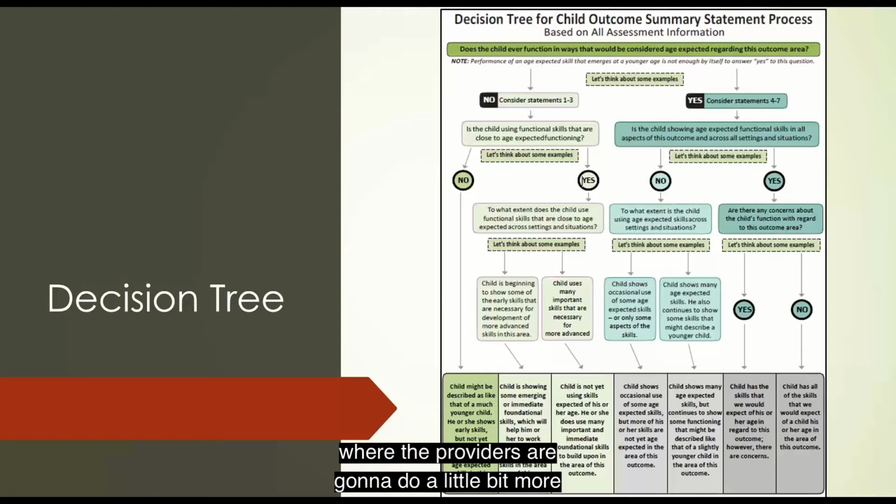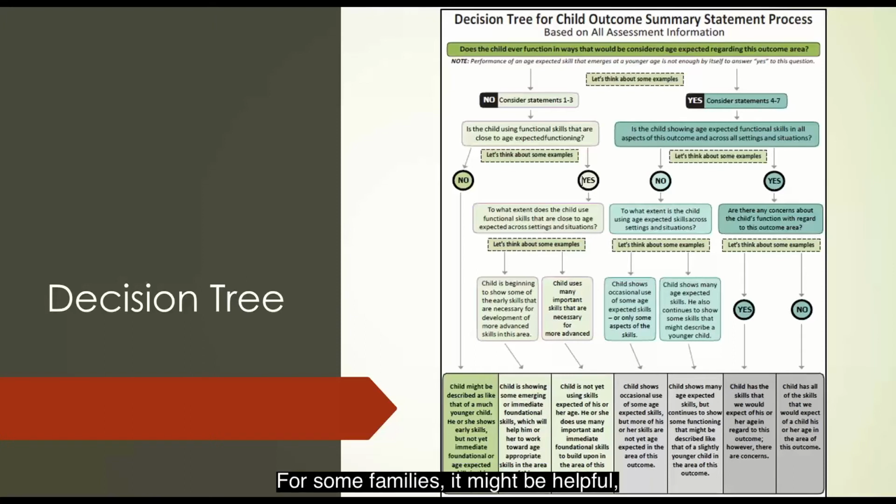The providers are going to do a little bit more of the facilitating of the decision tree, providing examples, giving the family an opportunity to provide examples, weighing input from all, and making the decision on how to answer each question. This tool is really to help you guide conversations in each of the areas and lead the team to consensus.